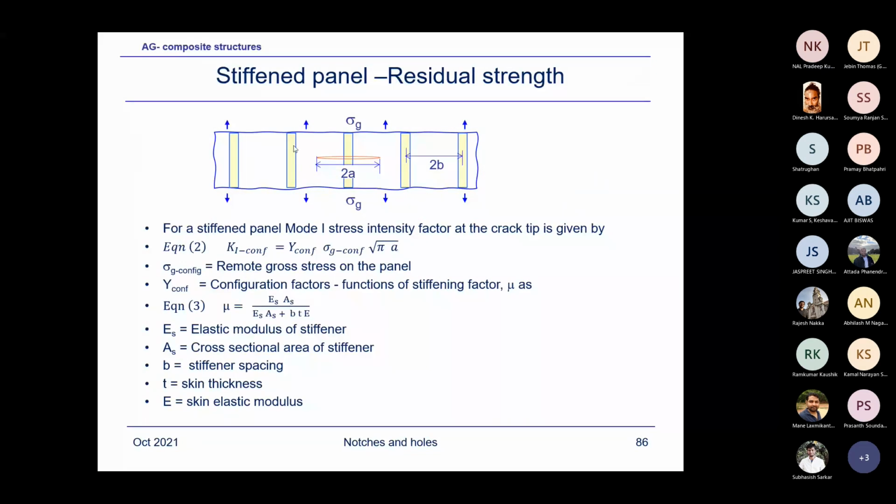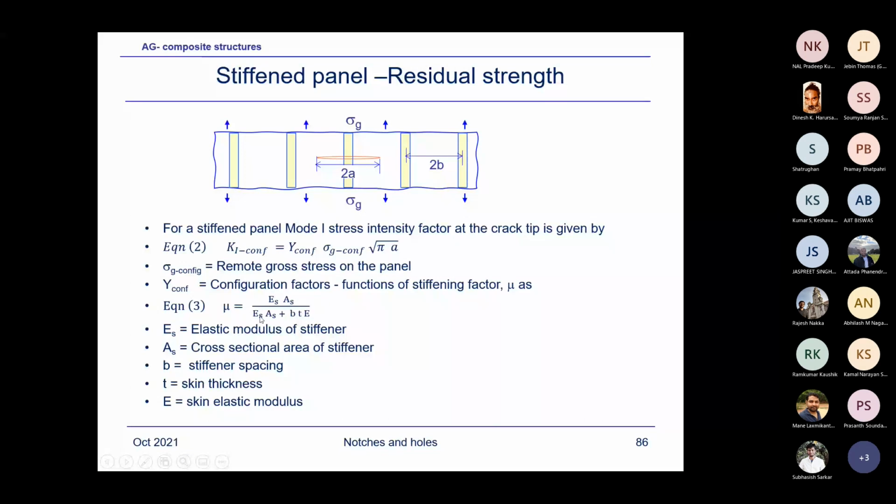So here, why I'm writing the configured panel, again, similar fracture mechanics relation. The only thing which is changing now is the configuration factor. We define a stiffening factor now, mu, which is ES-AS, where AS is the stiffener cross-sectional area and ES is the elastic modulus in the load direction, divided by ES-AS plus BT.